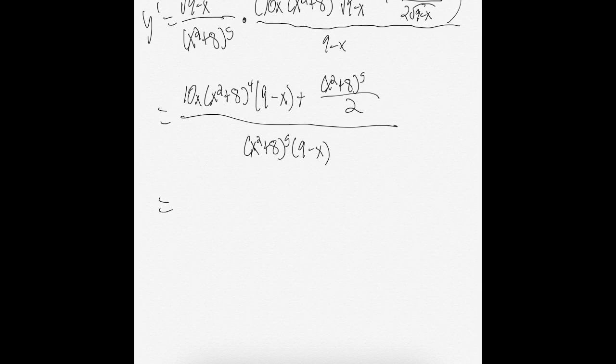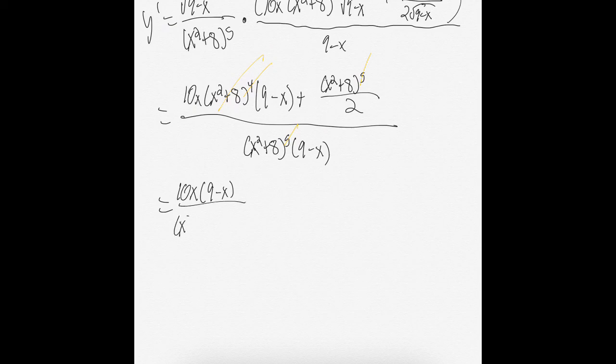Next, I see that I've got powers of x squared plus 8 all over the place. All of my terms have at least x squared plus 8 to the 4th. So I'm going to divide everything by x squared plus 8 to the 4th. Now that exponent in the denominator is gone, and so is that one in the numerator.